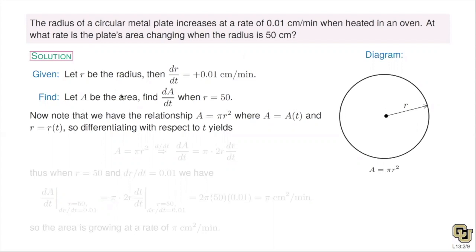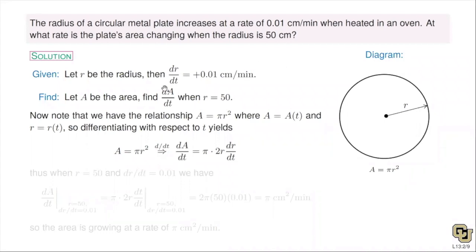So now to me, this is the hard part. Figuring out what's given, figuring out what we're trying to find, and figuring out the equation. Now the rest of it is plug and chug. Starting from the equation that's relating the variables of concern, I take the derivative with respect to t. The derivative of area with respect to t is just dA/dt.